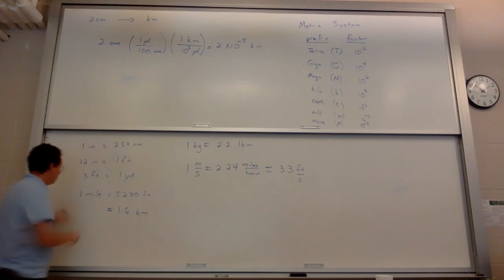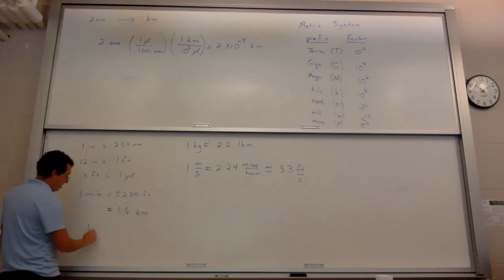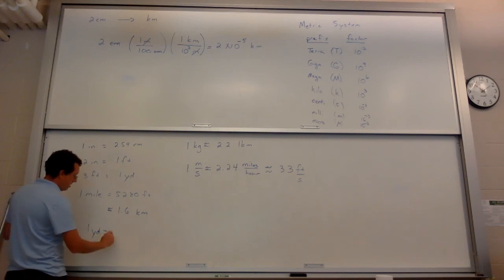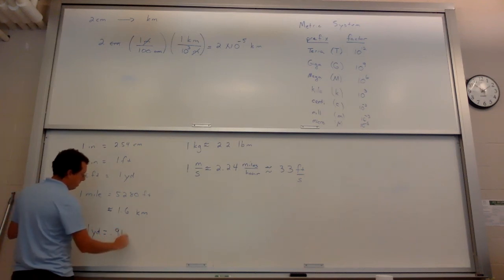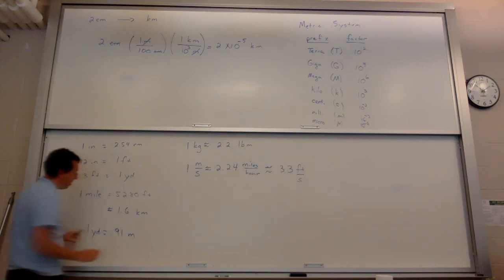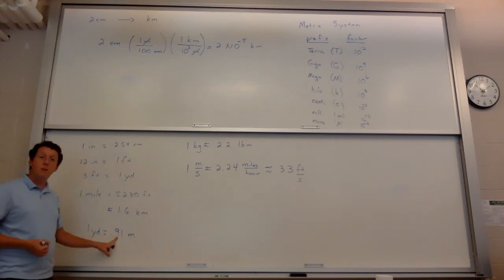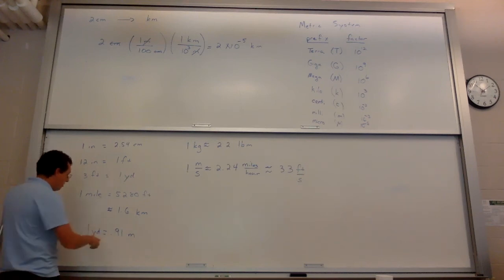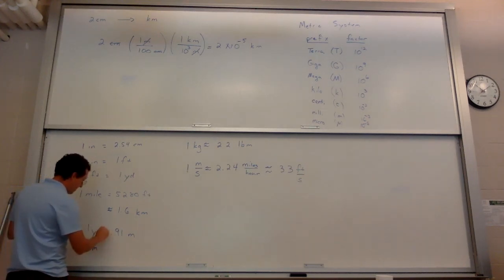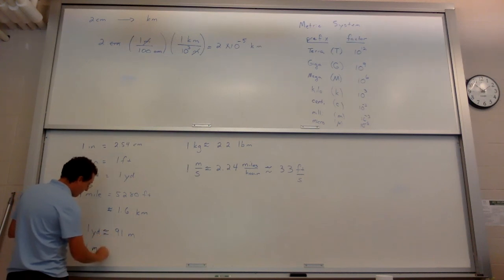Approximately, we have that 1 yard is 0.91 meters. So a yard is a little bit smaller than a meter, about 10% less in round numbers. Or you can turn that around and say that 1 meter is, again, approximately, 1.1 yards.